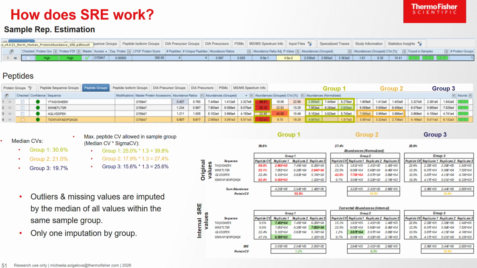So in this way, we have replaced the outlier with the median value from that particular sample group for that particular peptide. And in that way, you continue with the rest of the outliers or missing values, and then you should hopefully see that the CV values get remarkably improved.